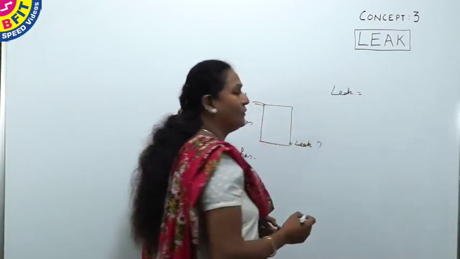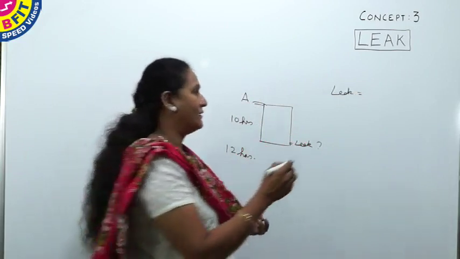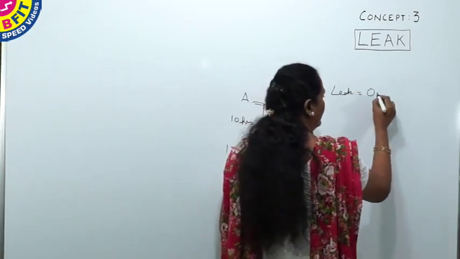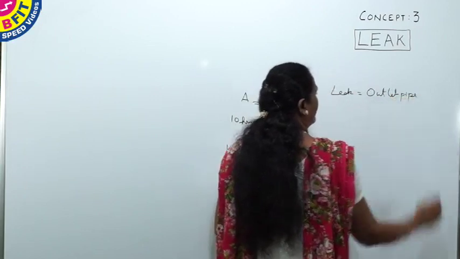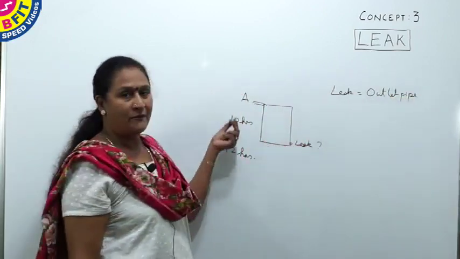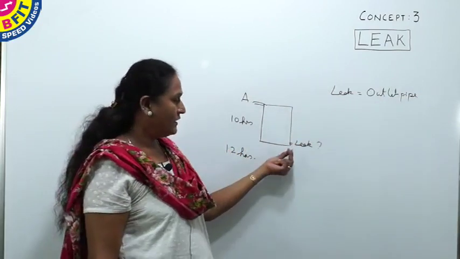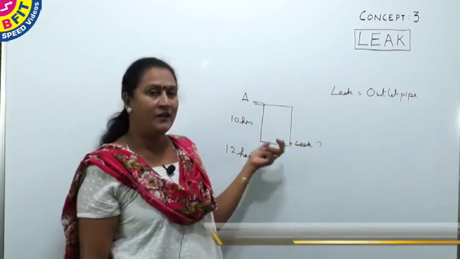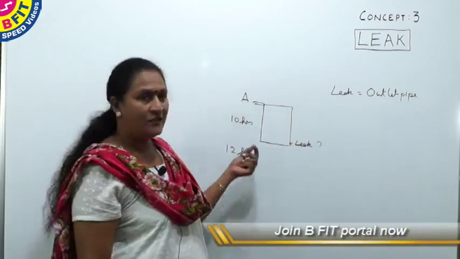It is equal to an outlet pipe which is emptying the water in the tank. So an inlet pipe fills water, an outlet pipe drains out the water. So here the leak is considered as an outlet pipe, and we can work out this question in the same pattern. So I'll show you the working here.